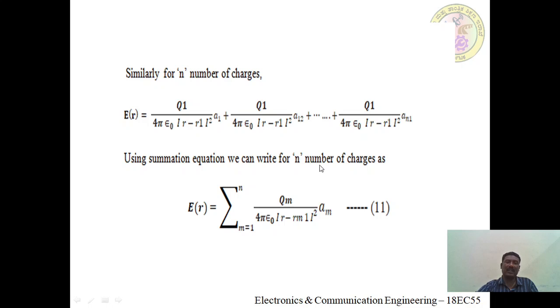By summing all n point charges, the electric field intensity for the n point sources is given by Qm divided by 4 pi epsilon naught R minus Rm whole square into am. This is the formula for the electric field intensity due to n number of point charges.